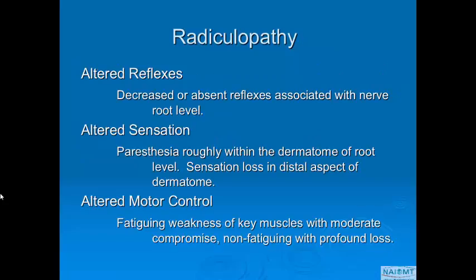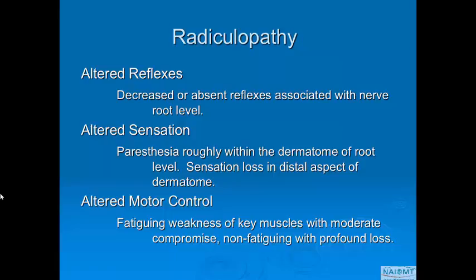In radiculopathy, we see altered reflexes, which are decreased or absent at the associated root level. We may find paresthesia roughly within that level's dermatome, or true numbness, sensation loss, but it will tend to occur in an ill-defined small area in the distal aspect of the dermatome, where there is minimal overlap of adjacent segments.